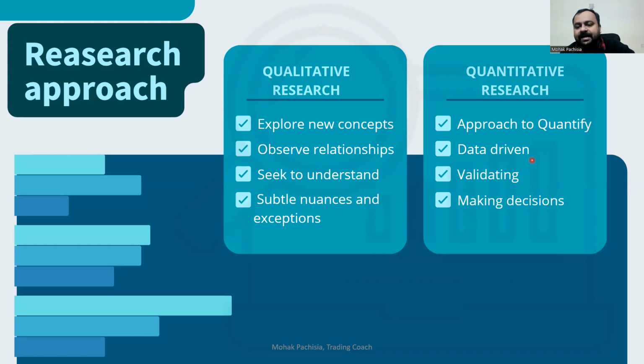Next is validating. Quantitative research helps you to validate everything. This validation is very important because human biases tend to be there. Say, for example, there is a phenomenon or an anomaly in the market which I saw during my college years and it worked so well.